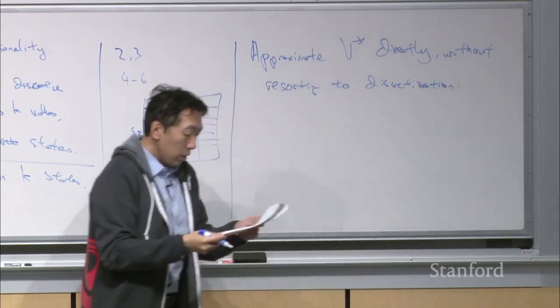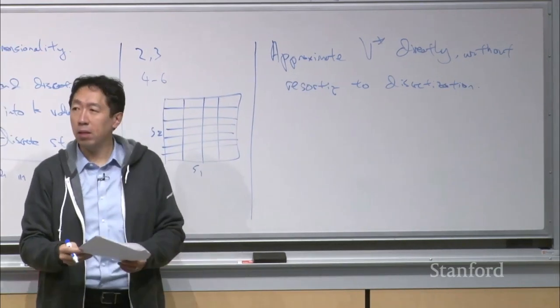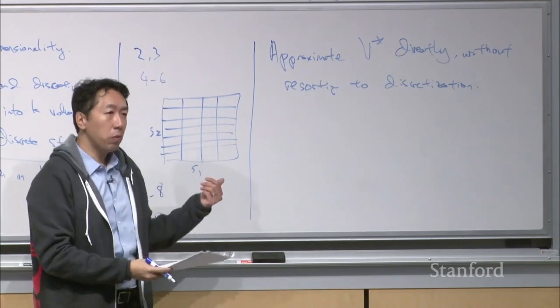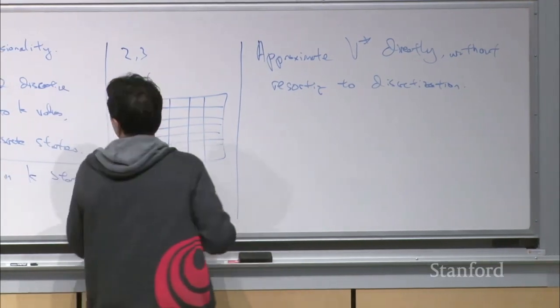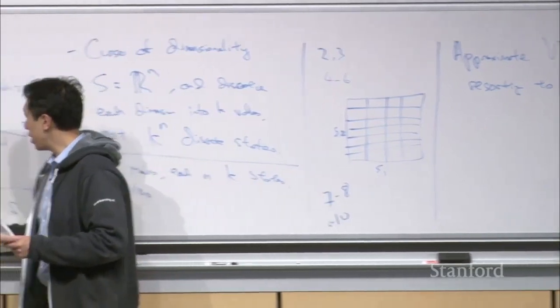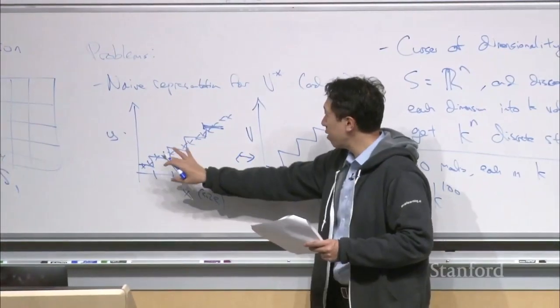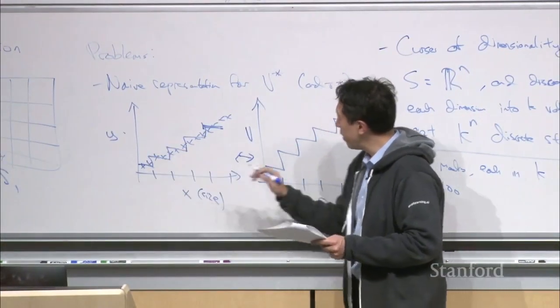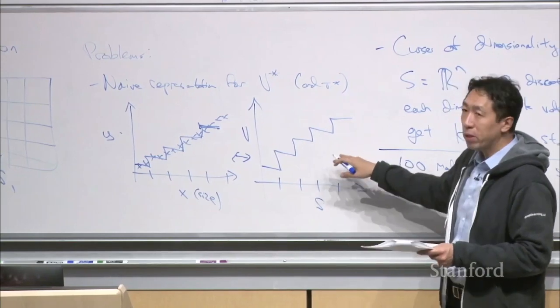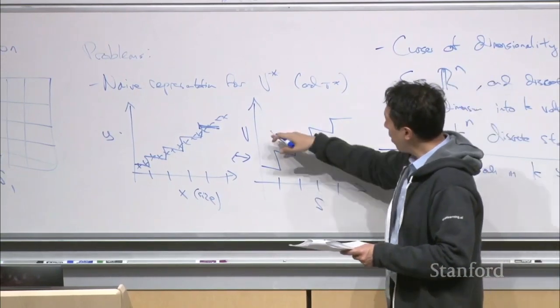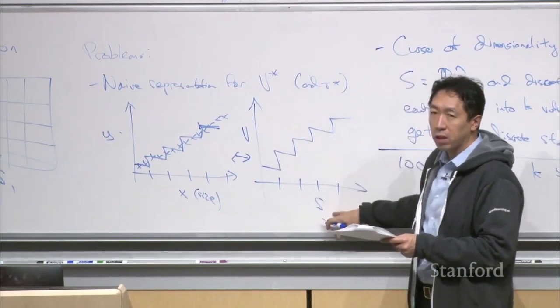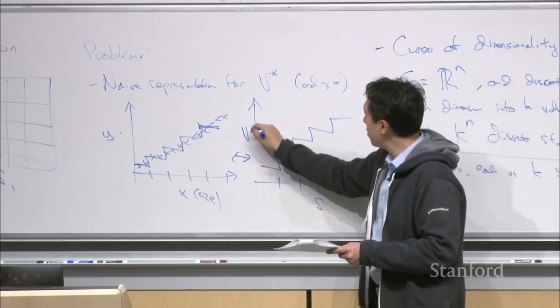And there'll be an analogy that we'll make later, alluding to this plot again, between linear regression, where you're trying to approximate y as a function of x, and value iteration, where you're trying to learn or approximate V star as a function of s.